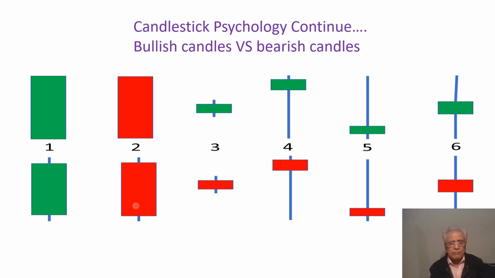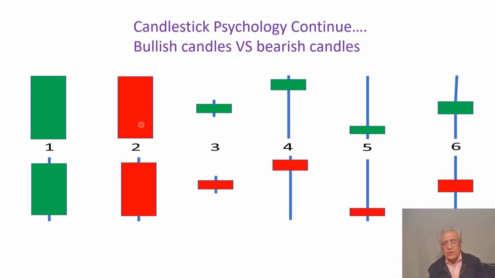Number two, a long red bearish candle with shorter upper and lower shadows. This demonstrates that the bears control the market for the duration of the time frame of the candle.